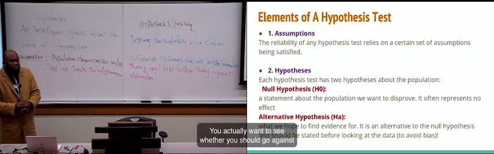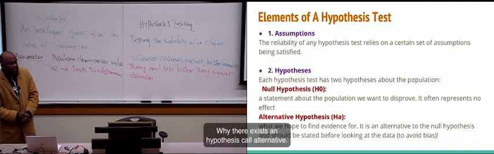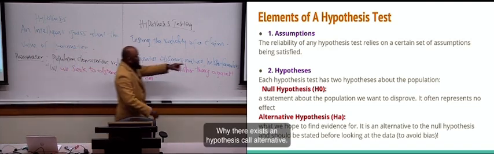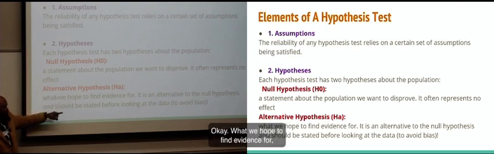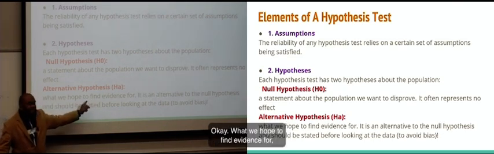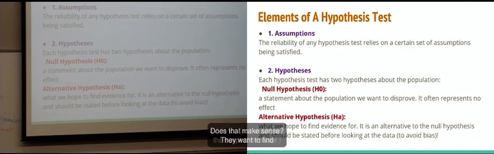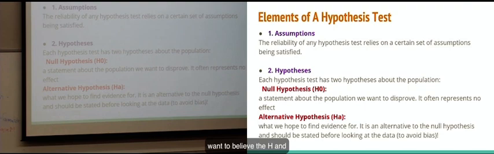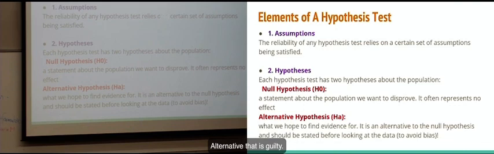You want to see whether you should go against that or fail to go against that. Then there exists another hypothesis called the alternative, what we hope to find evidence for. I know the prosecutor in the court of law really wants to find evidence that will nail the suspect. Does that make sense? I want to believe the H0, the null hypothesis, is that the suspect is innocent. The alternative is that he's guilty.